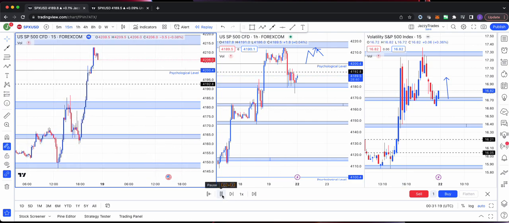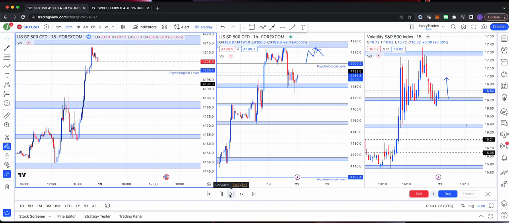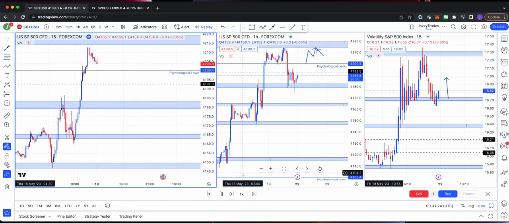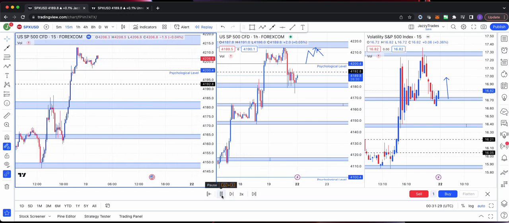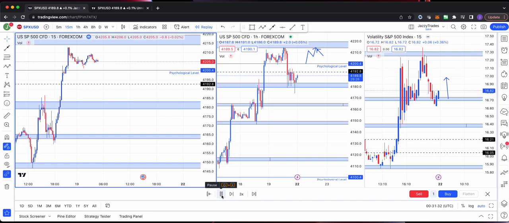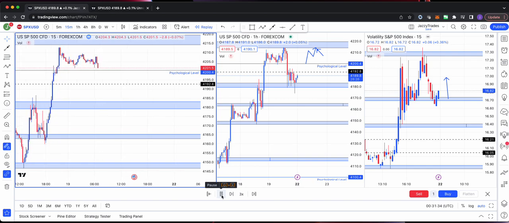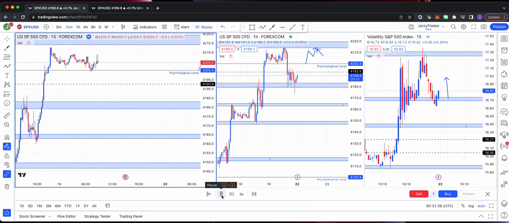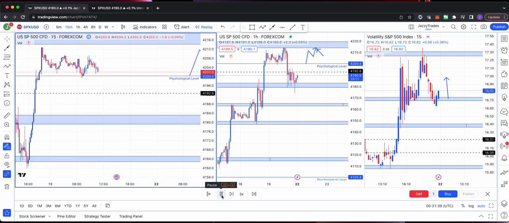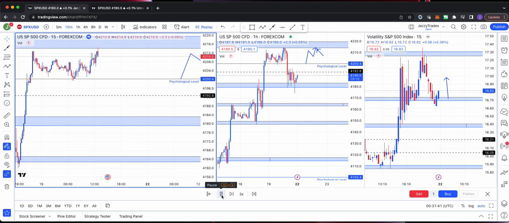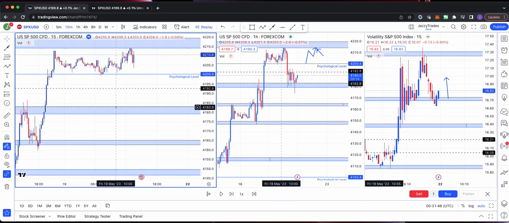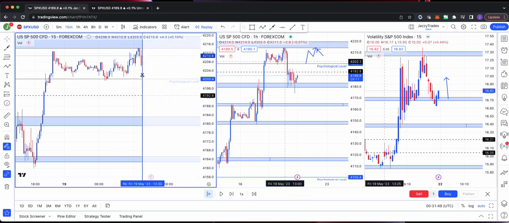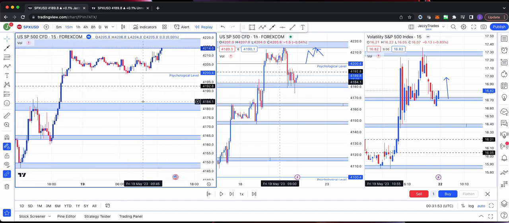So Jazzy was hoping for it to close above the zone, and this is post-market. Let's speed it up a little. Same thing here.